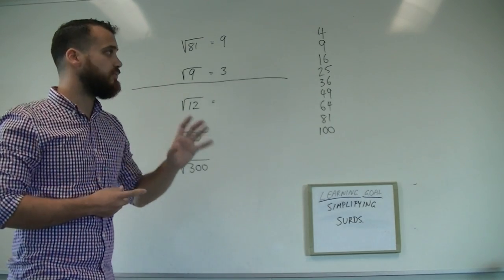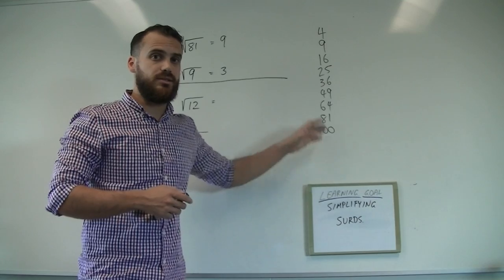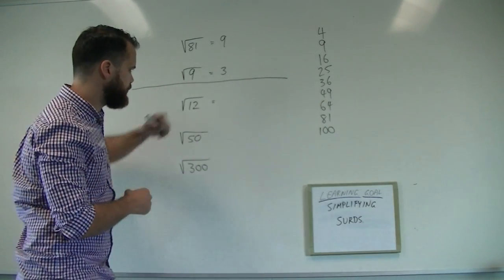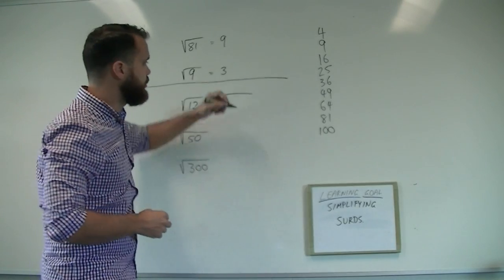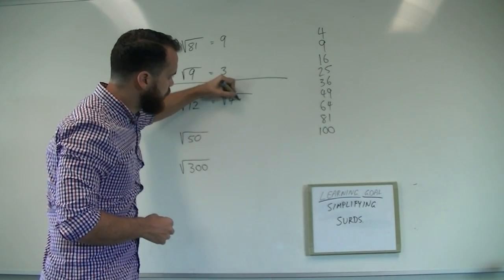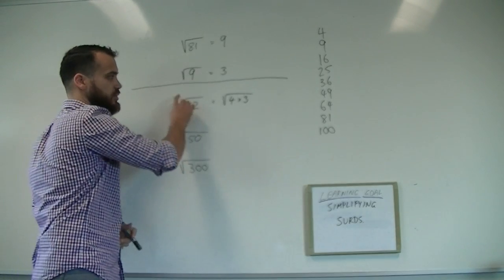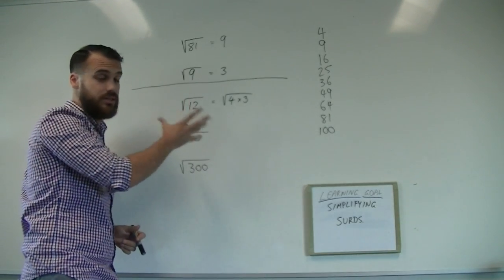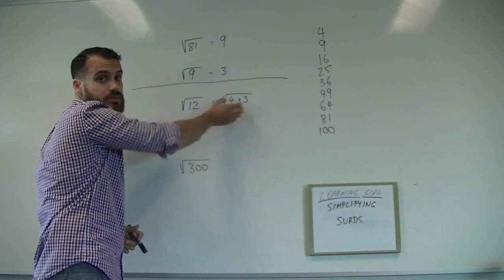Now I really want to find something in 12 that also appears in this list. For instance, 12 is equal to 4 times 3. So the square root of 12 is exactly the same as the square root of 4 times 3, because 4 times 3 and 12 are the same.